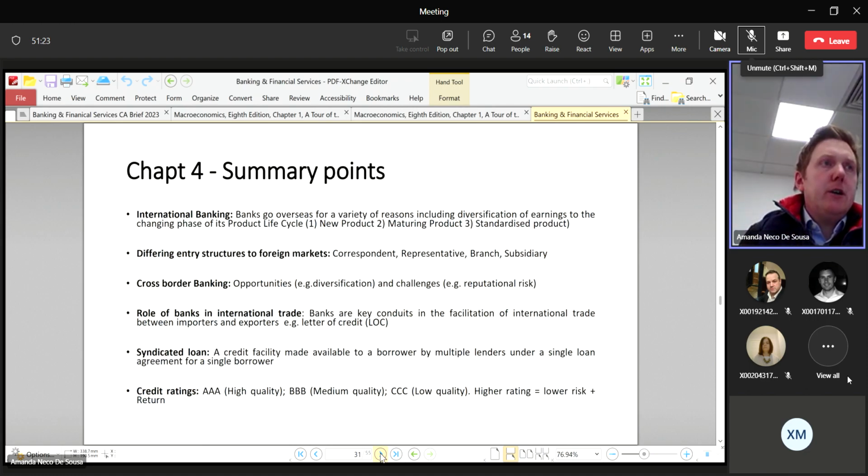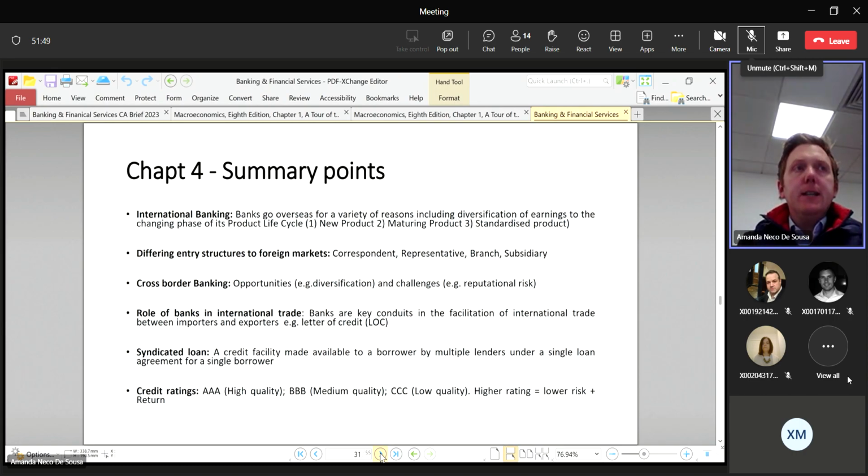So just in terms of the summary from this chapter, in terms of international banking, banks go overseas for a variety of reasons. Diversification of earnings is one reason. We brought up the whole concept of the product life cycle, and that's another reason why you'd send your product abroad.